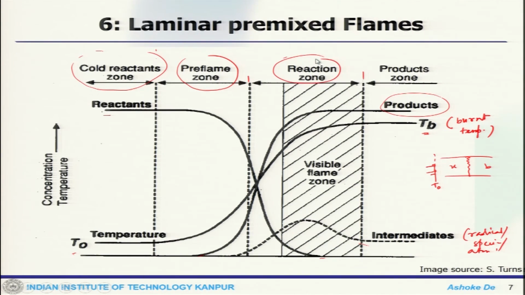In the reaction zone you can see the abrupt changes: the reactant species get consumed completely, product species are formed, intermediate species are also formed, and the temperature goes up. Finally, this side is the product zone, because you have only the temperature of the burnt product.